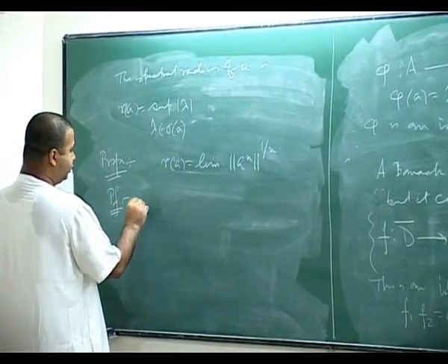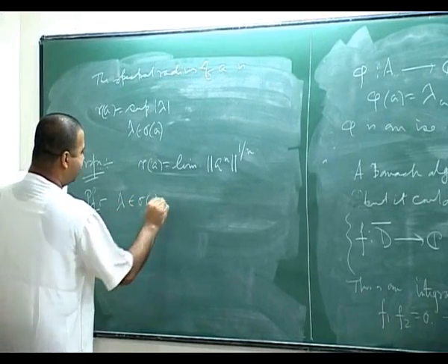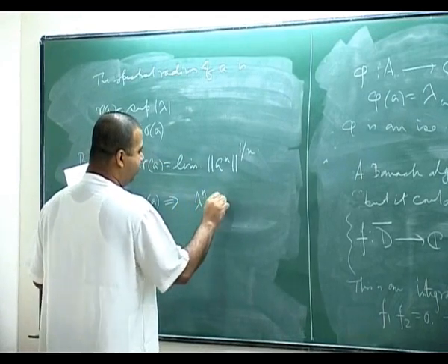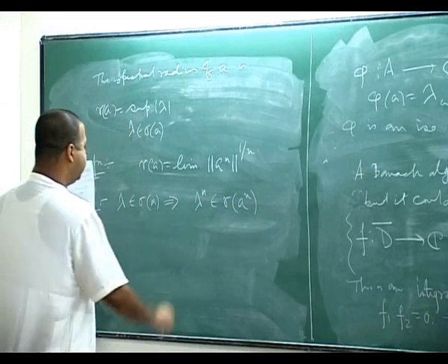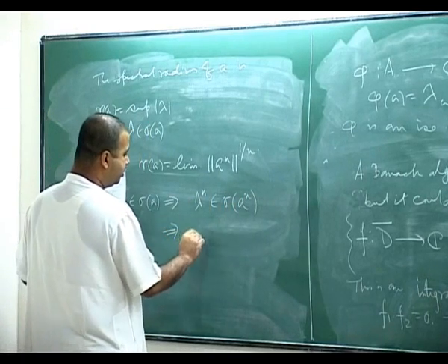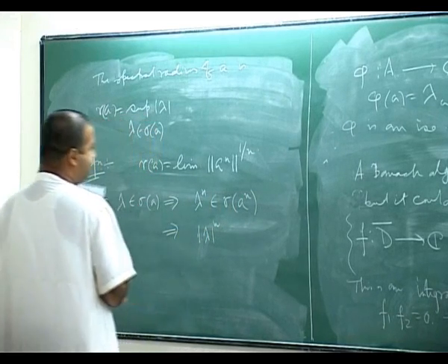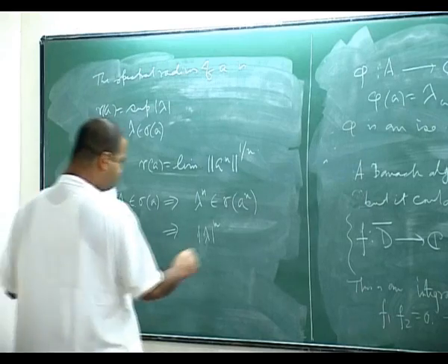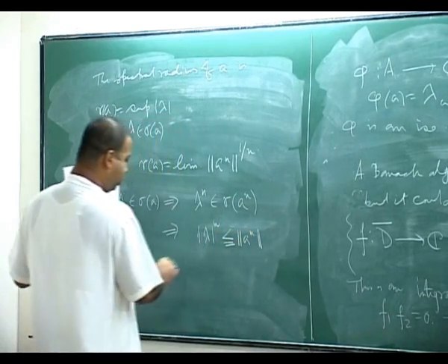Now we come to the proof of this. Suppose lambda belongs to the spectrum of A. That implies, by that observation, lambda^n belongs to the spectrum of A^n, that implies mod lambda^n is less than or equal to norm of A^n.